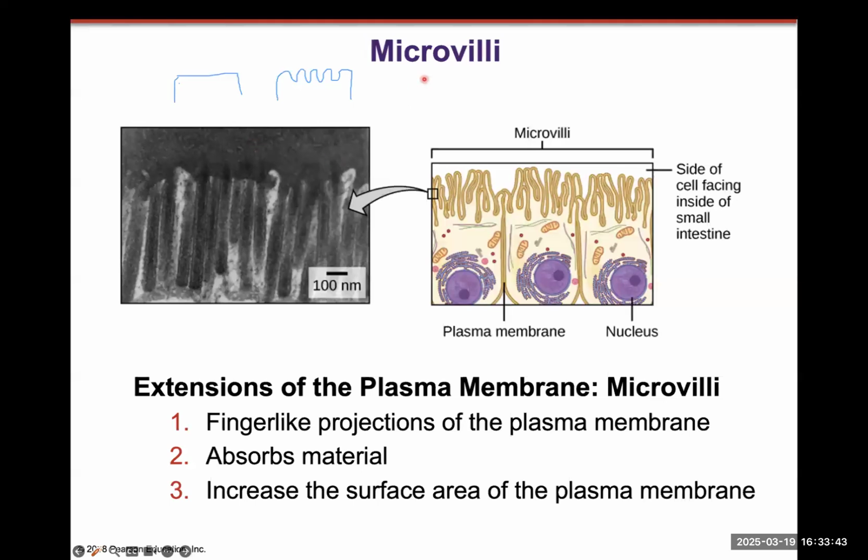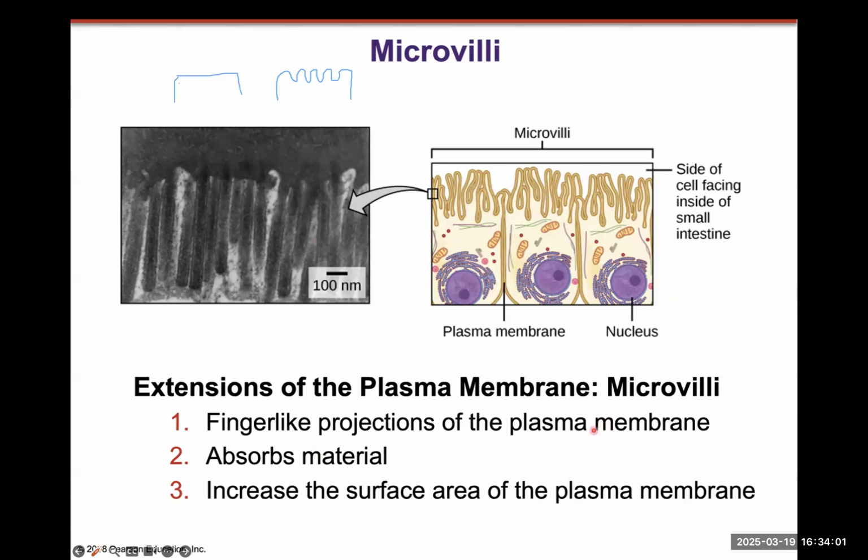Villi stands for fingers, and micro stands for small. So these are little microscopic finger-like projections that you have on the surface of the cell membrane. So finger-like projections of plasma membrane.